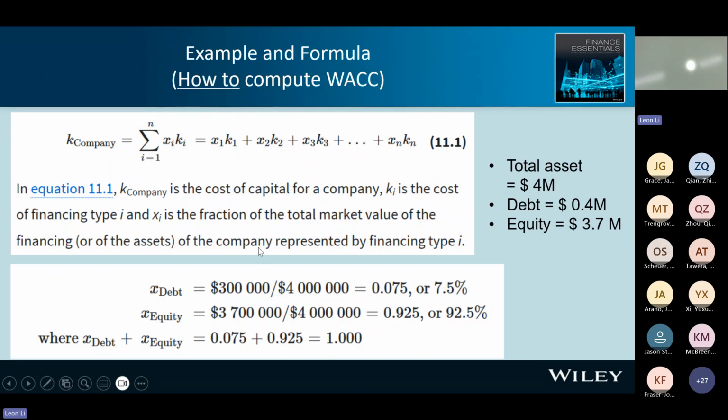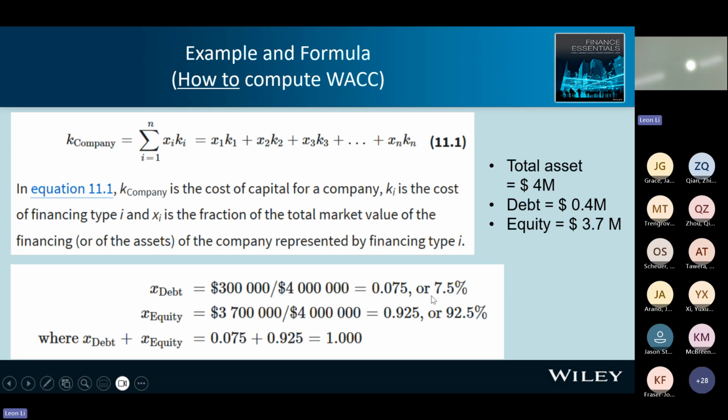Right, so let's use an example. Assume the total asset is $4 million, and this company used 0.1 million for debt and 3.7 million from equity. Then you have the weight here. So 4 million is the total asset, and the weight of debt is the debt value divided by the total asset.